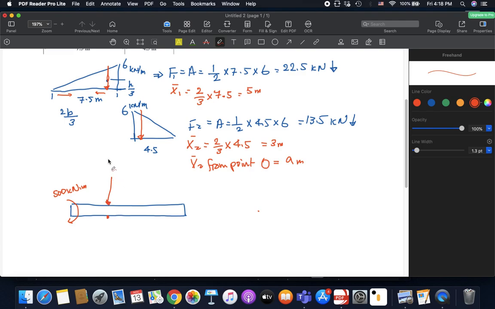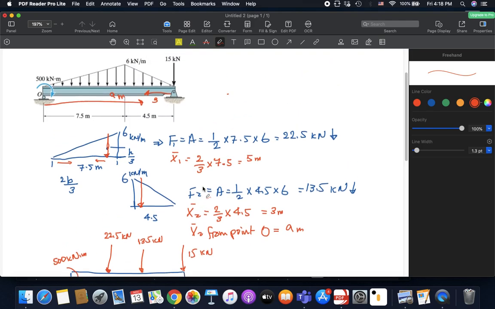which was F1. It was 22.5 kilonewtons at 5 meters, and then we had the other force, which was 13.5 kilonewtons at a distance of 9, right? 9 from point O. And then we have the last force, which was concentrated force here of 15 kilonewtons, right?